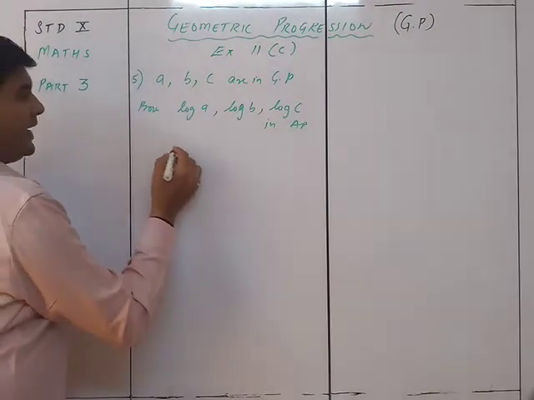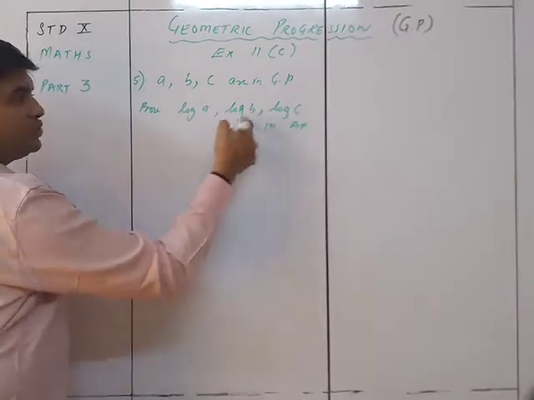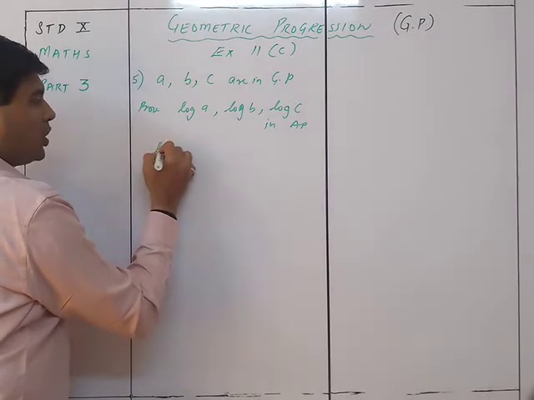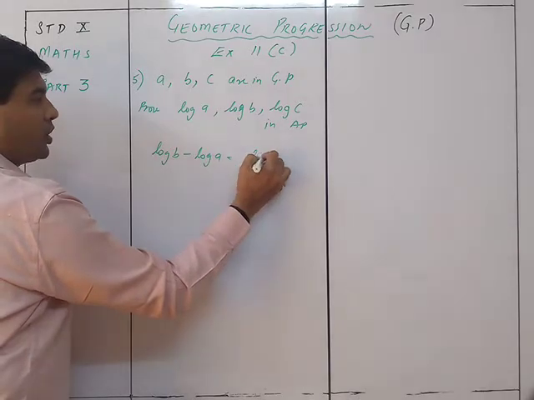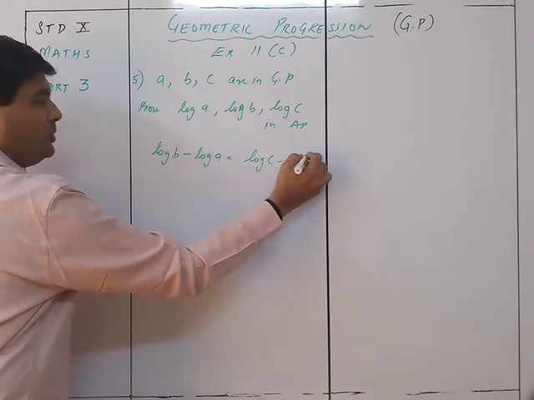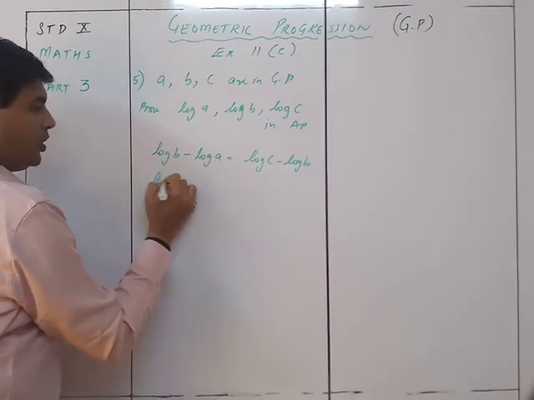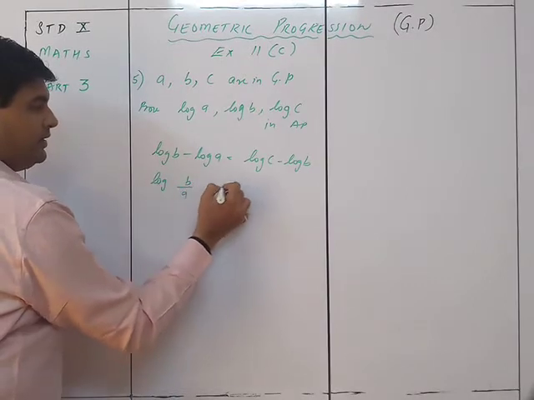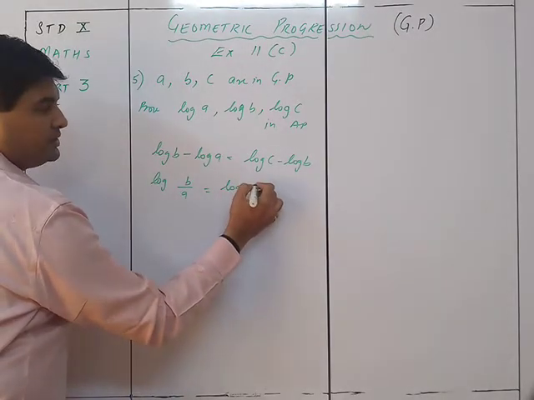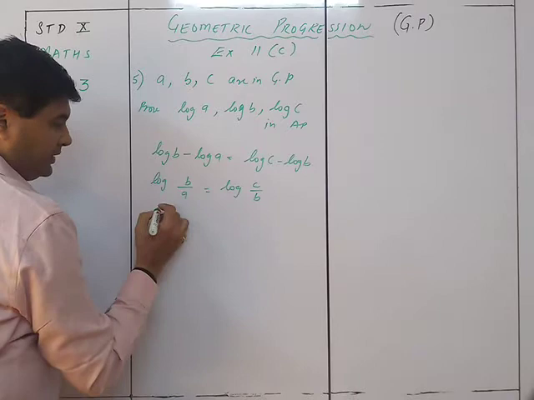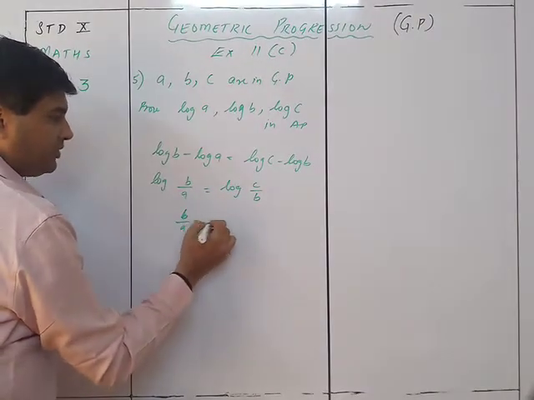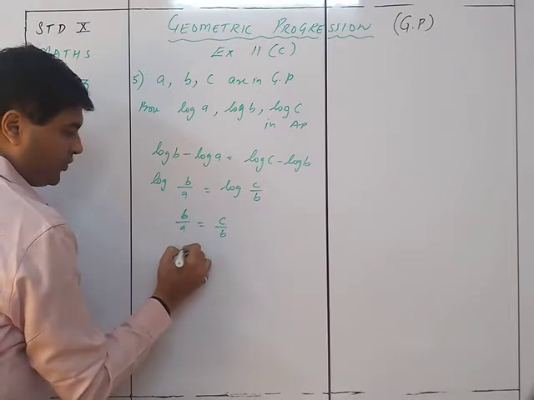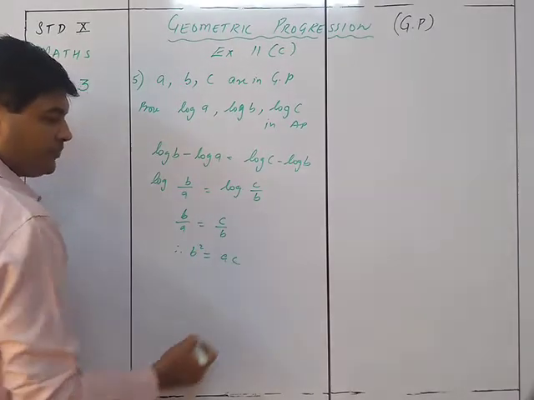So first thing, for this to be in AP, we need to prove that log of B minus log of A is equal to log of C minus log of B. That is nothing but log of B upon A is equal to log of C upon B. Therefore, taking anti-log, we get B upon A is equal to C upon B. Therefore, B square is equal to AC.